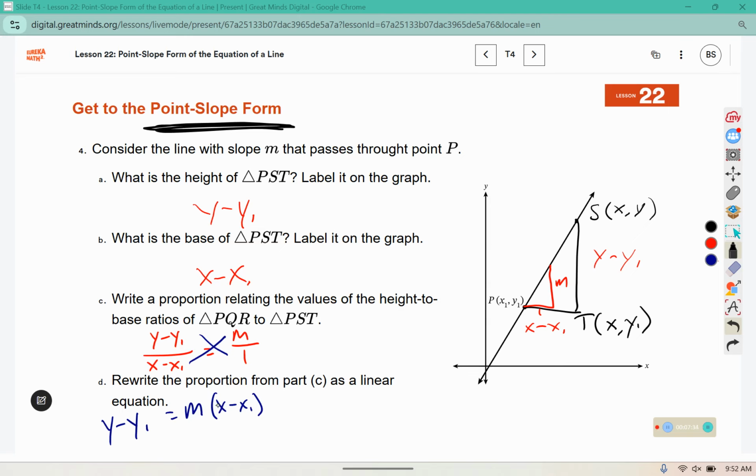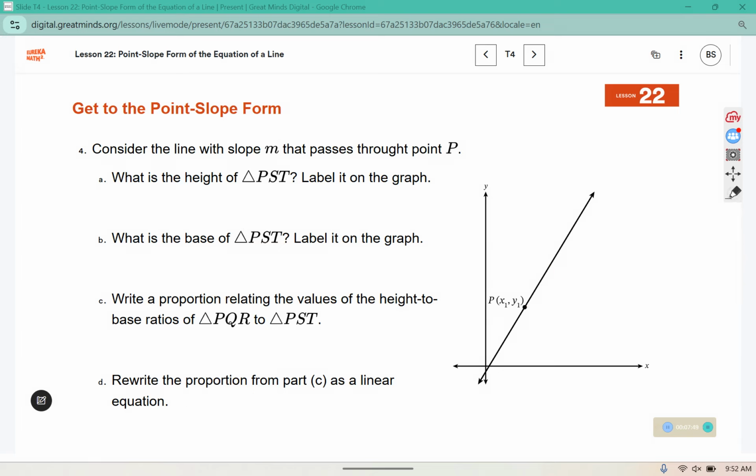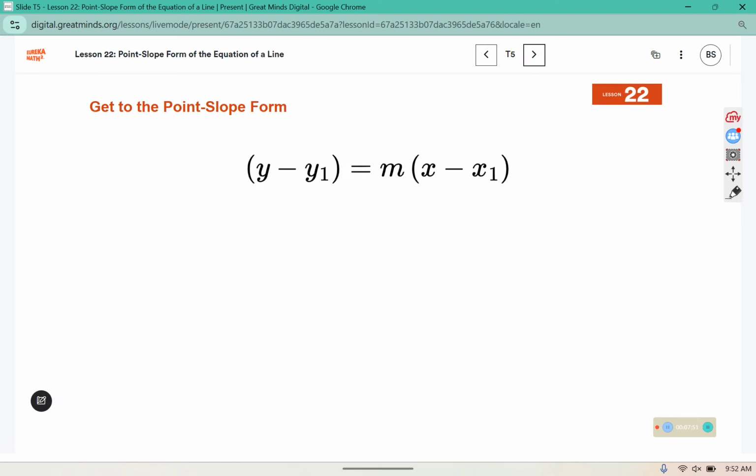These y values and x values are going to be our variables, but then the y1 and x1 are going to come from the point, and the m is going to be the slope. So there's that formula, and it has the name point slope form.